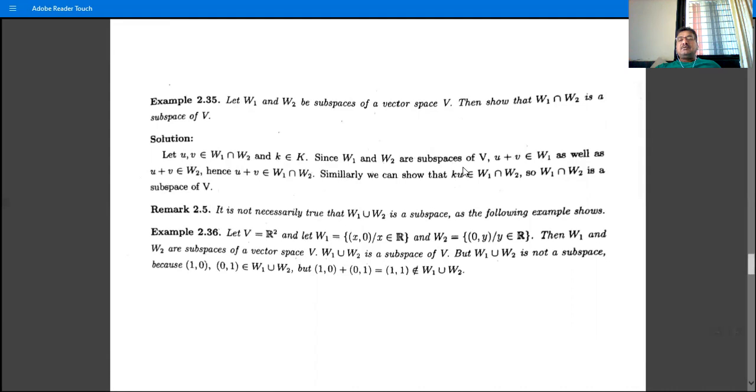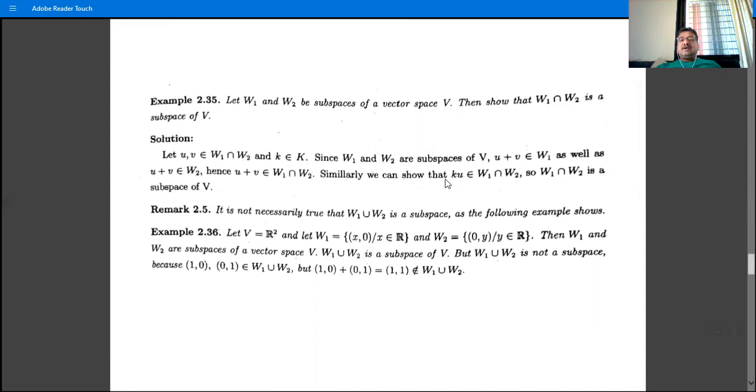As W1 and W2 are subspaces and U and V both belong to W1 as well as W2, their addition belongs to W1 as well as to W2. Therefore U plus V belongs to W1 intersection W2.